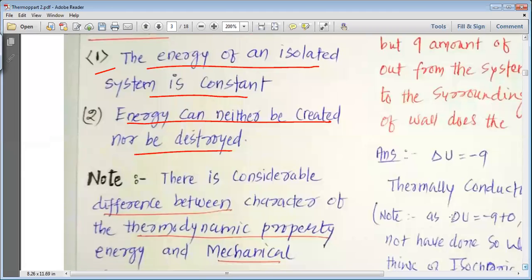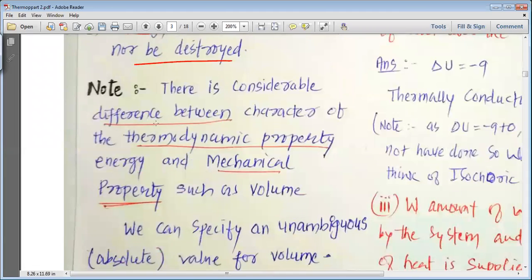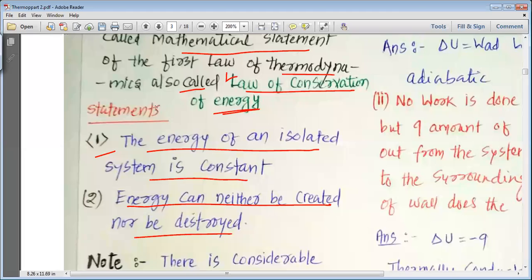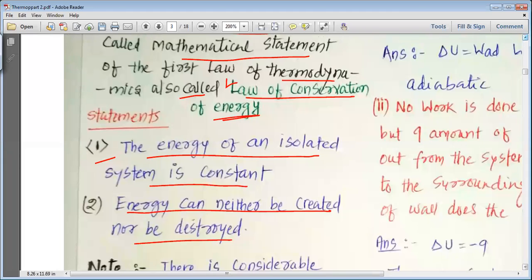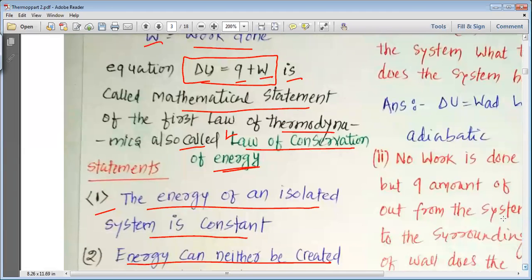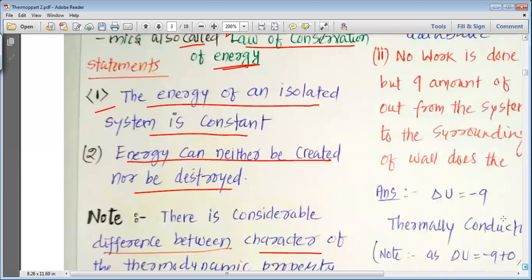Please note, my dear students, that there is a considerable difference between the character of a thermodynamic property and a mechanical property such as volume. Please make sure you have understood that we have studied the law of conservation of energy, which says that in a chemical reaction energy can neither be created nor be destroyed. But one form of energy can be converted to another form.